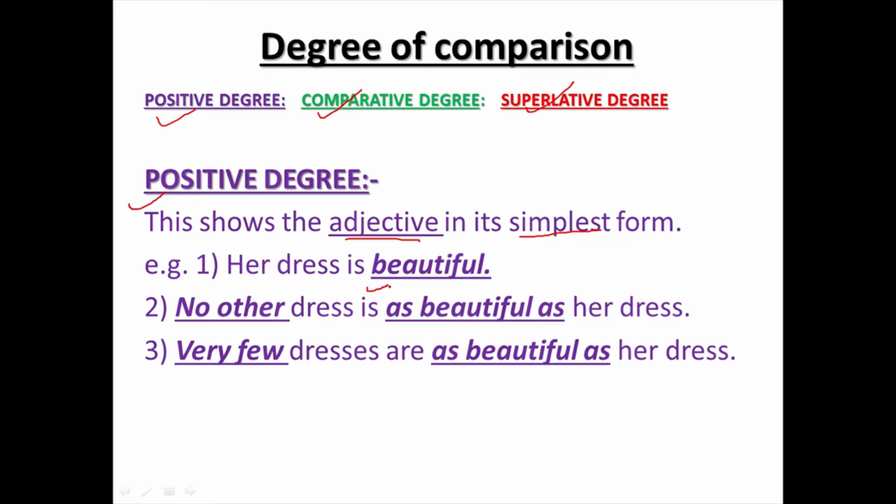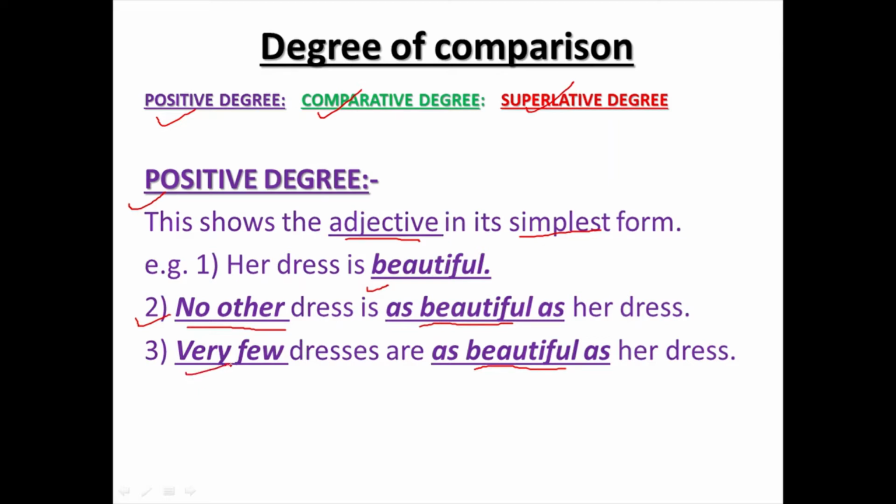Her dress is beautiful. Look at this adjective. This adjective will be continued in two other forms. There are two other types to write positive degree. One will start with "no other": No other dress is as beautiful as her dress. Here the dress is compared to any other girl's dress.